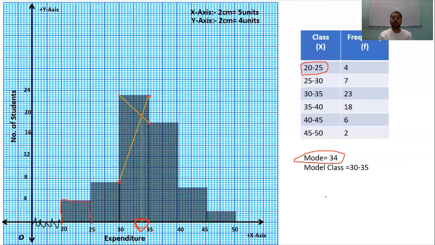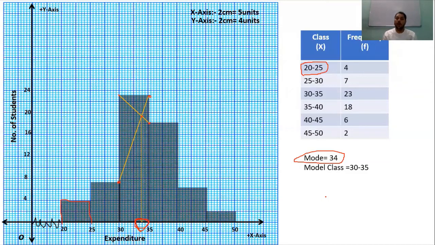And what is the modal class? The modal class is 30 to 35. So in this way, you can find the value of your median and mode using a graph. For the median, you have to draw a cumulative frequency curve or ogive.